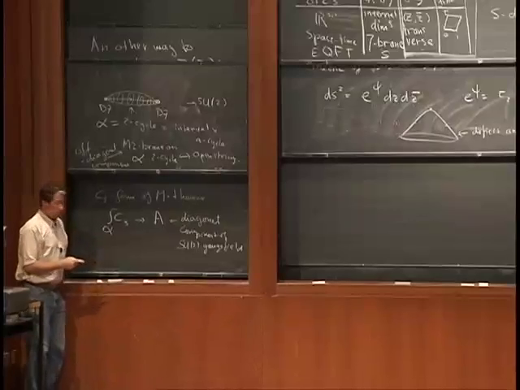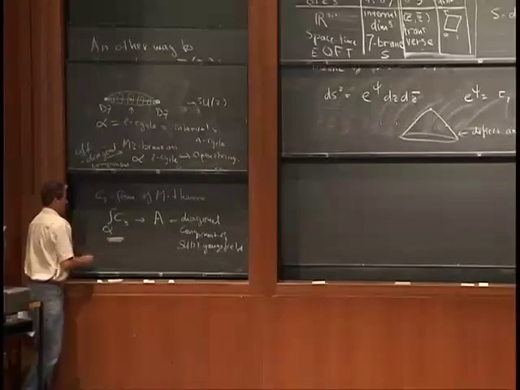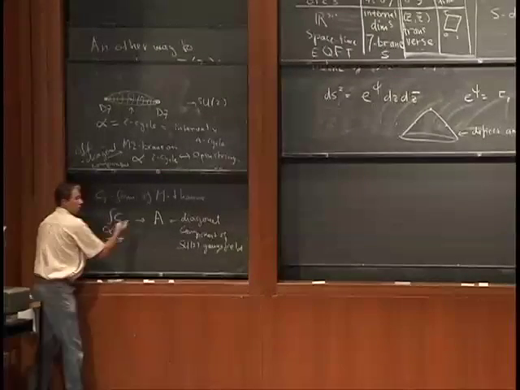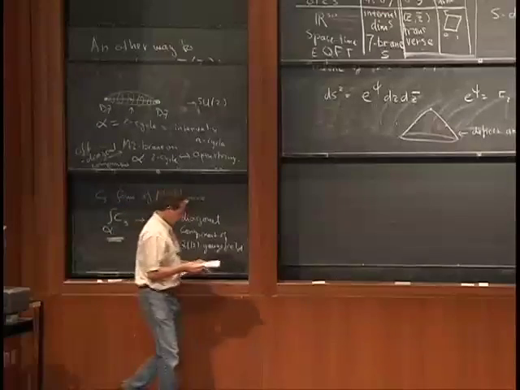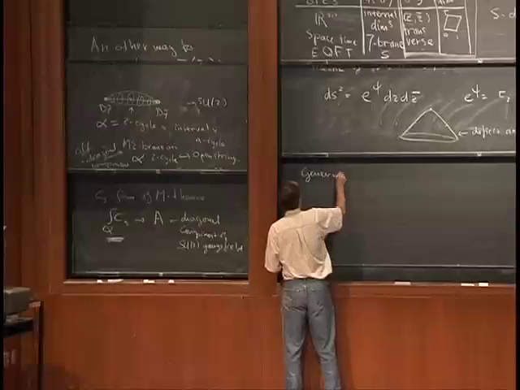You can immediately see that these off-diagonal components, these M2 branes, are actually charged because they couple to this C3 form field like this, so they're charged under that diagonal component. Okay, now we go to general groups.